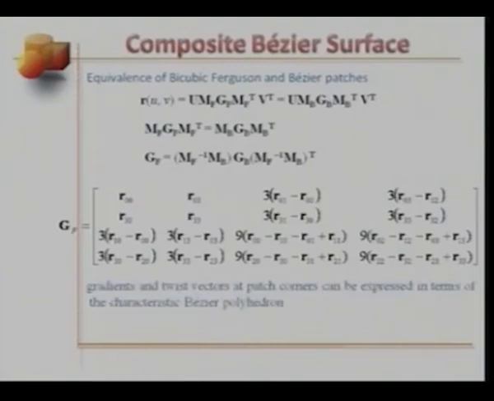So, in a sense, gradients and twist vectors. This region here, as you know, pertains to the slopes along the v direction, the slopes along the u direction, and of course the twist vectors here. So, the gradients and twist vectors at the 4 patch corners can all be expressed in terms of the characteristic Bezier polyhedron.